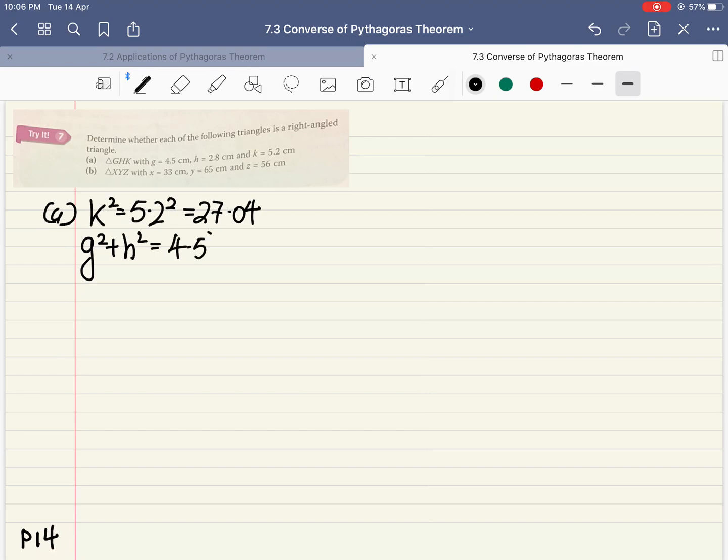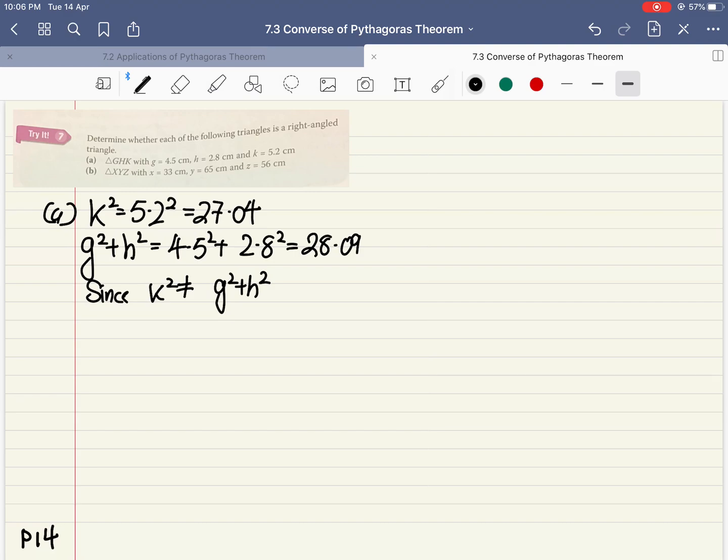27.04. Now we test it out with g square plus h square, which is 4.5 square plus 2.8 square, and that gives me 28.09. You notice these two values, are they the same? Obviously not.